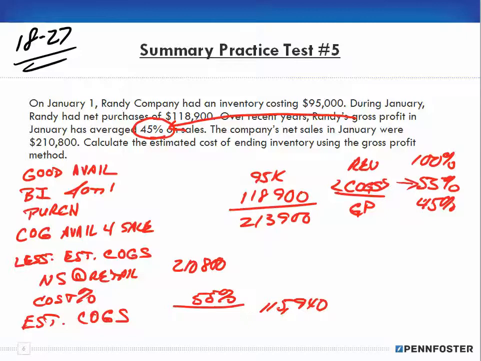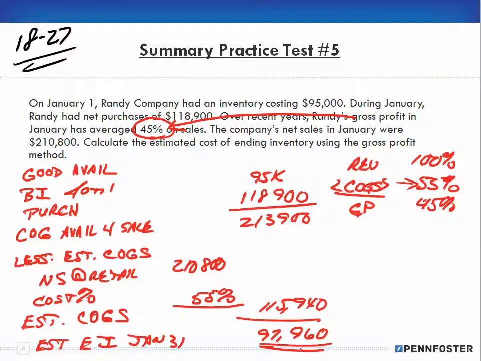We take the cost of goods sold from what was available for sale in order to end up with our estimated ending inventory on January 31st, and that comes out to $97,960. All right, so that's it for the summary practice test.